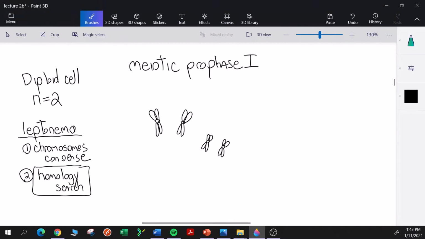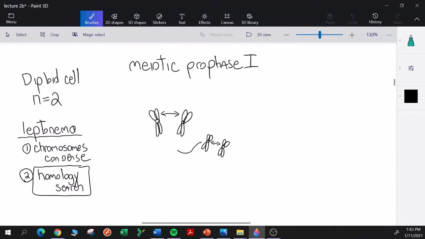After about 100 years of studying meiosis with microscopes, and over 50 years using molecular biology techniques, we still don't understand how the homology search process works. But what it does is pair the homologous chromosomes together. So those two will be paired, and these two will be paired.